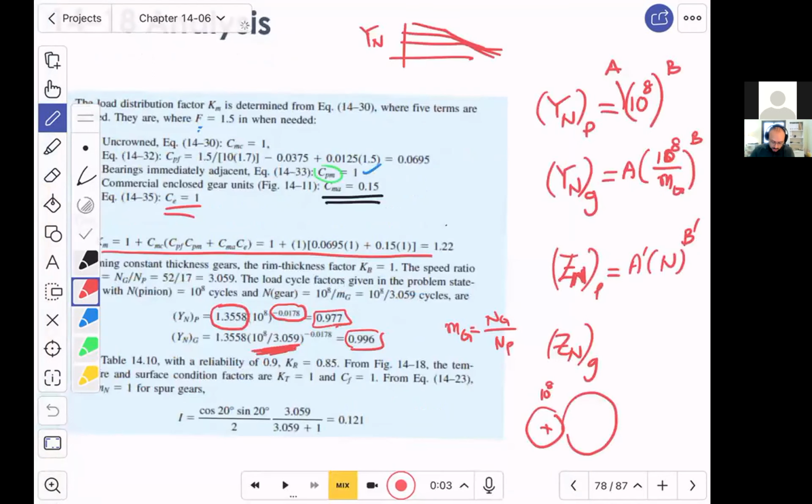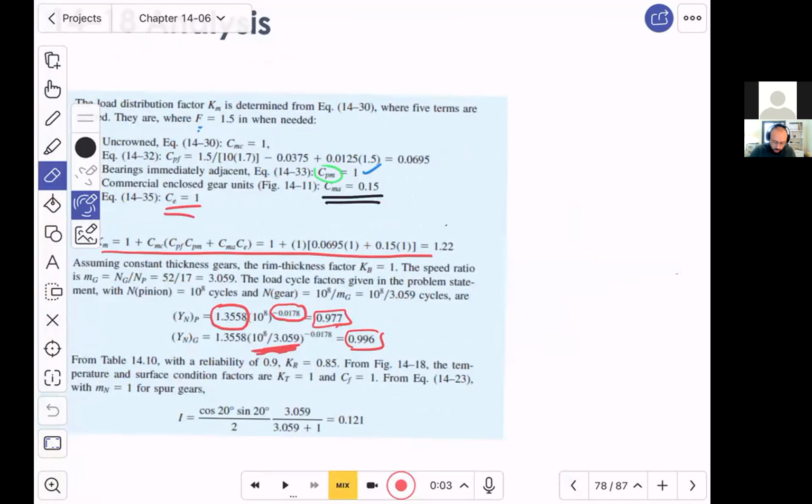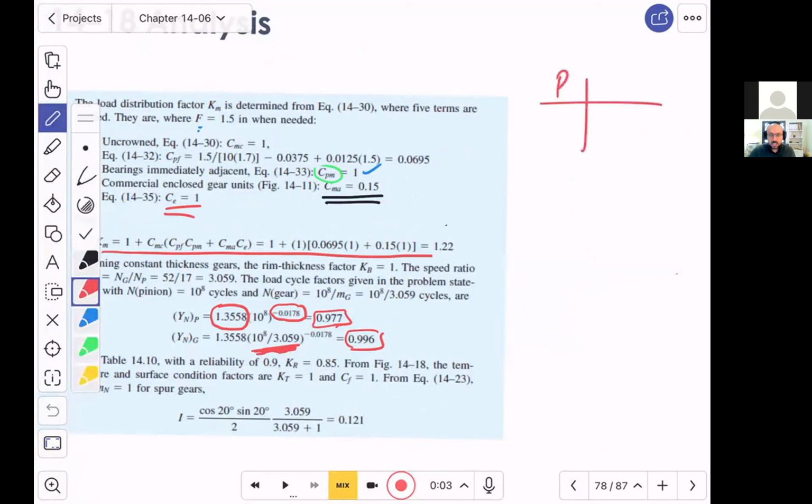Now, the next part is the reliability. The reliability, we have been told it's 0.9. So we have a table which says that if the reliability is 0.9, then Kr should be equal to 0.85. That's very easy.